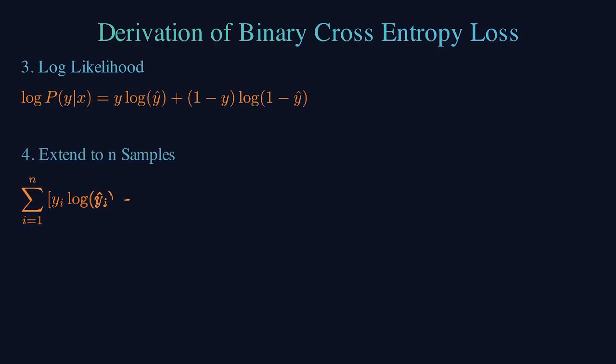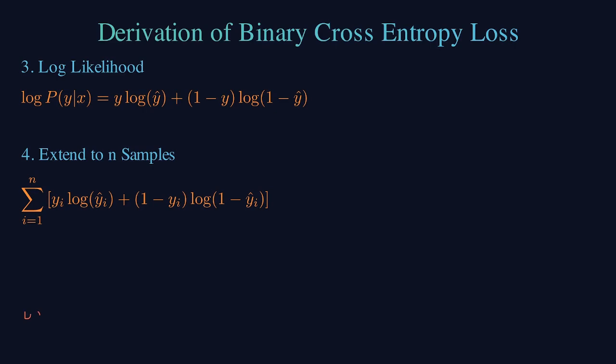Now let's see the next part, the log likelihood. The Bernoulli expression that we saw just now, we now apply log to it. When we apply log to the entire function, it becomes log of p of y given x is equal to y log of y predicted plus 1 minus y log of 1 minus y predicted. Now this is our loss estimation formula.